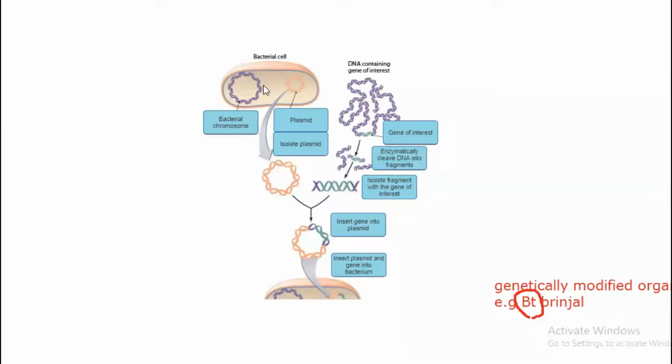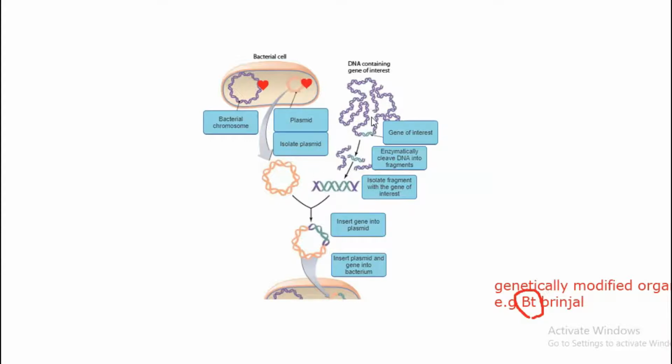This is the chromosomal DNA and this is the plasmid DNA. So this chromosomal DNA controls the life activities of this bacteria. Then what is this plasmid DNA? Plasmid DNA is an extra chromosomal DNA. They are able to replicate themselves. So we have to select this plasmid as the vector.